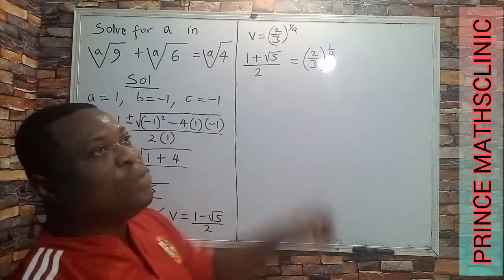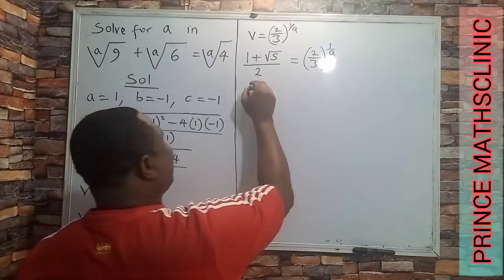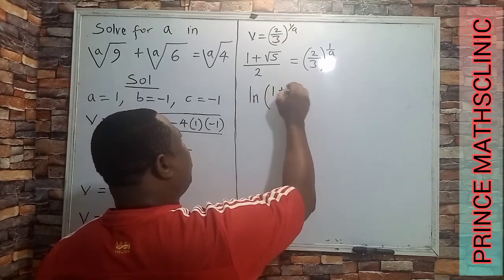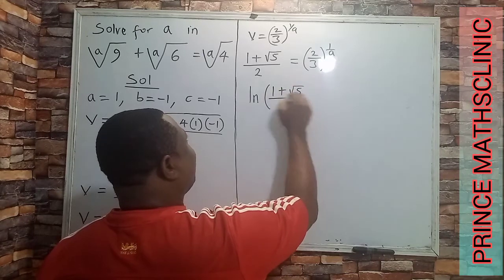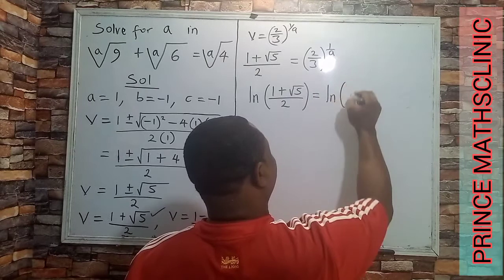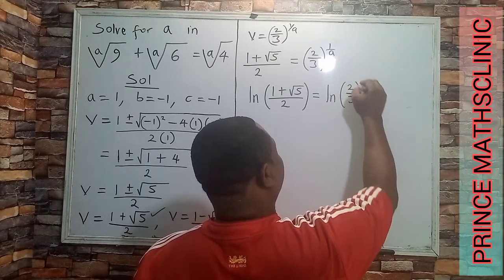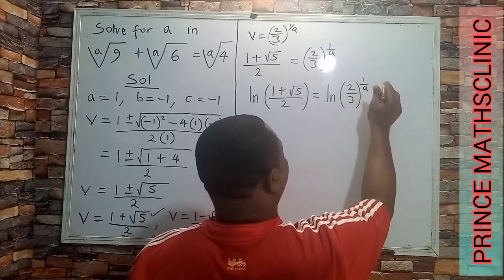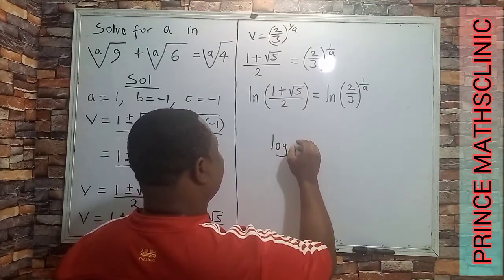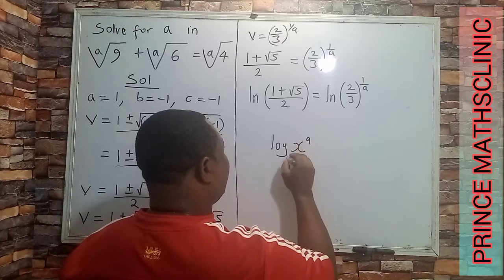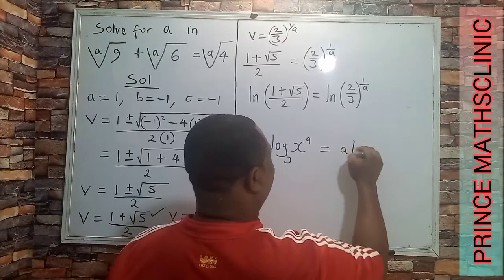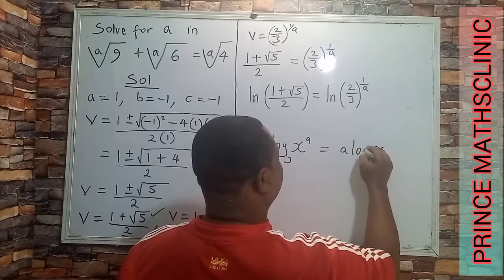Now, to get this value, I want to take the ln of both sides. So ln 1 plus root of 5 over 2 equals ln 2 over 3 to the power of 1 over a. Just like log, when you have something like log x to the power of a base y, the a will multiply the log of x base y.